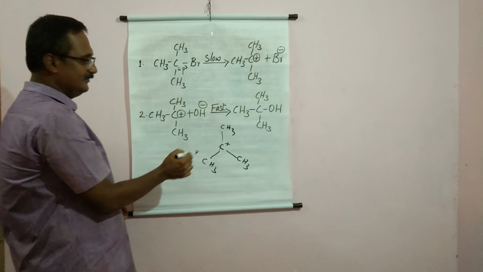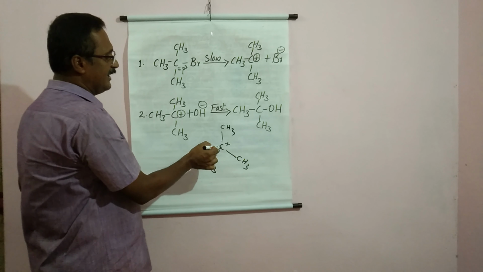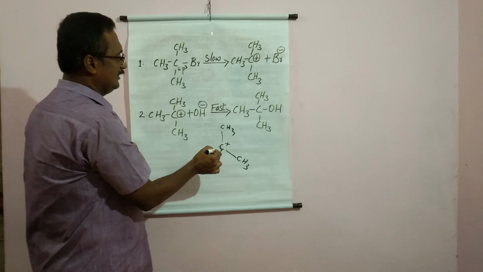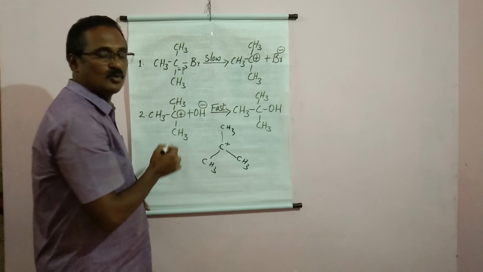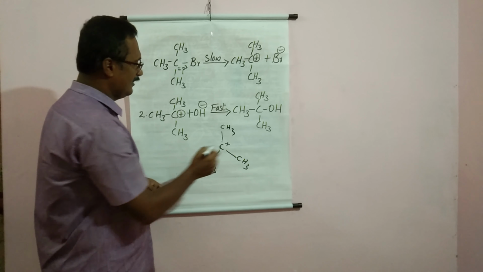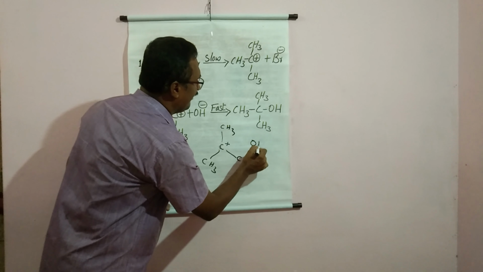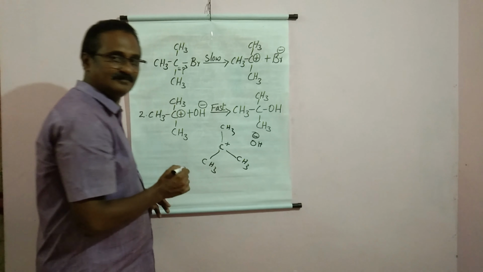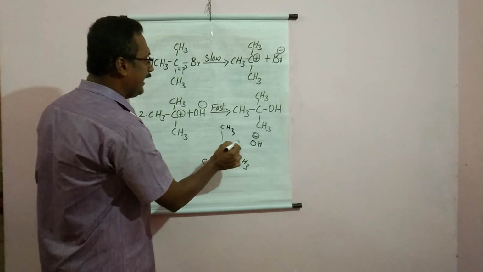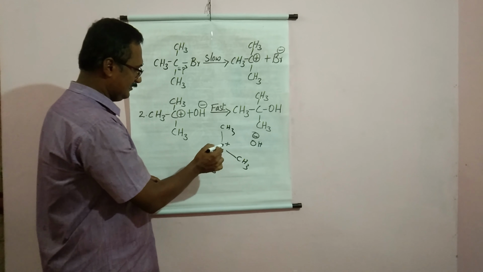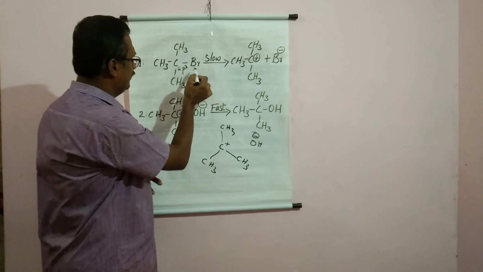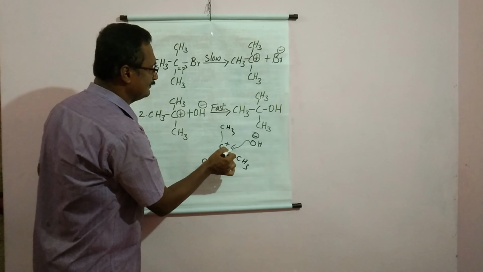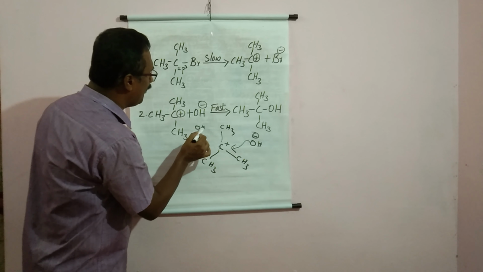In the carbocation, the carbon atom from which the Br is left is sp2 hybridized. That means the incoming nucleophile OH minus can approach either from the same side from where the bromine atom is left, or from the opposite side.